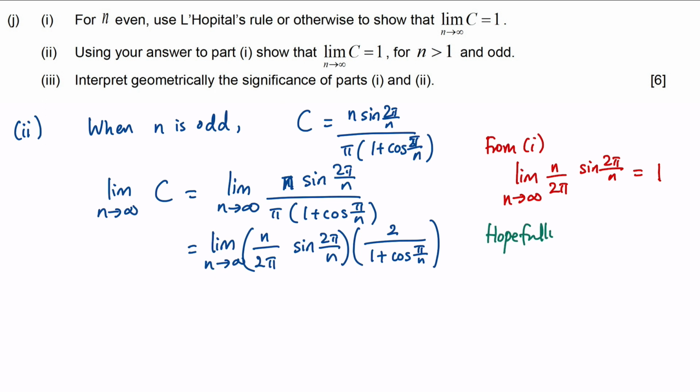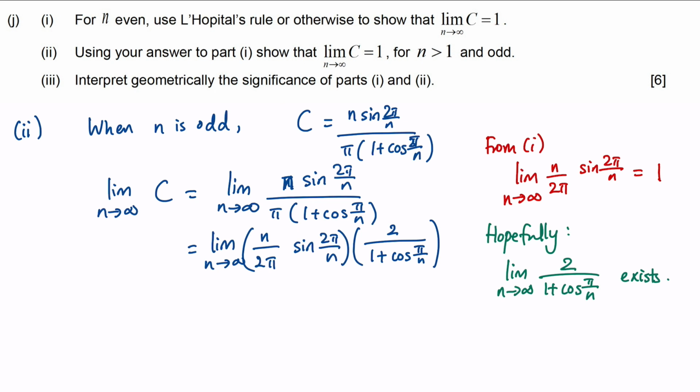Hopefully this limit exists, because if it does, then I'm able to split up the limits. If it doesn't, then I'm in trouble because I can't just randomly split up limits like this. But hopefully this limit exists. Now let's just evaluate it by itself. What's this limit on its own?